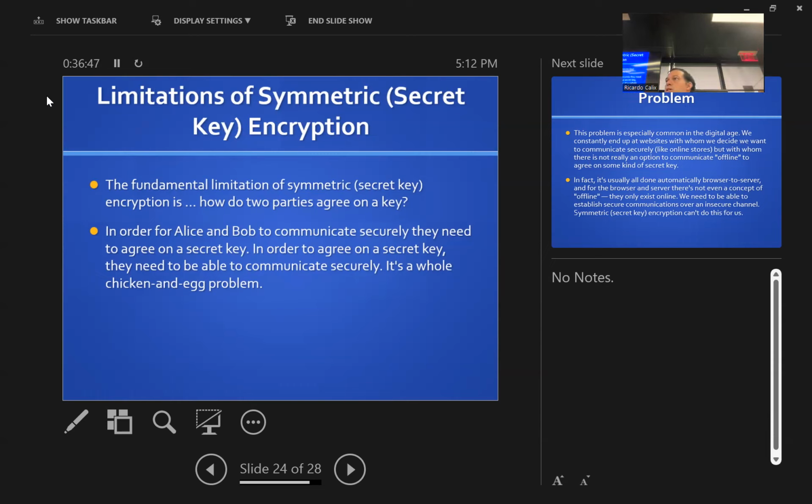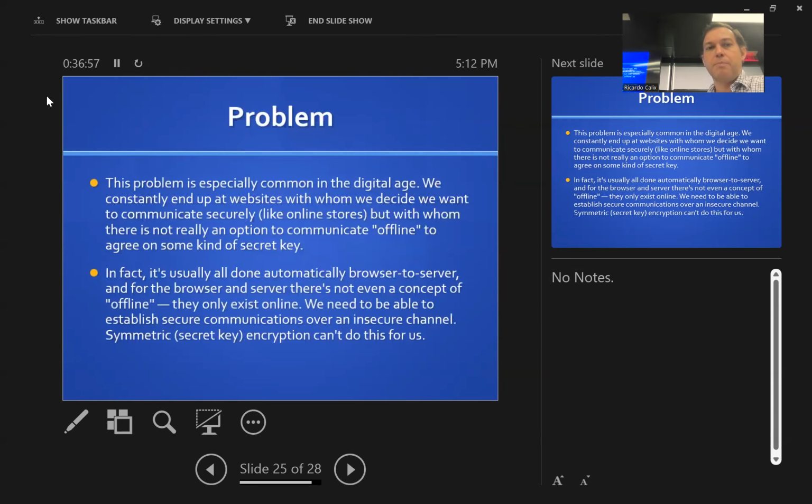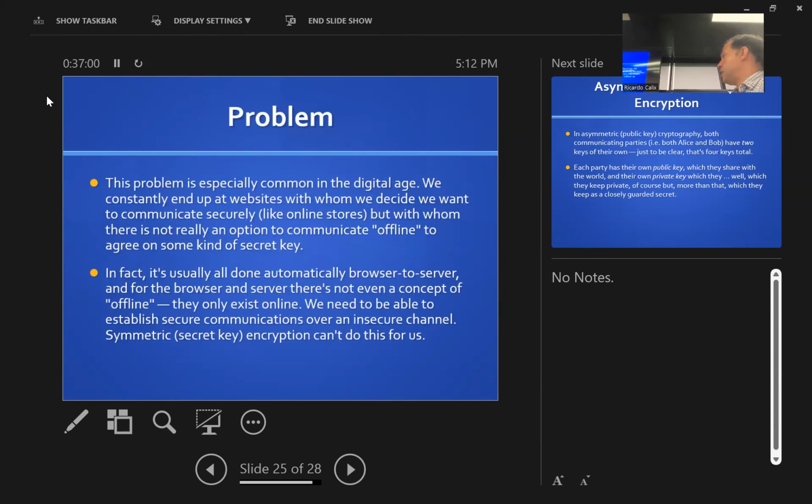What comes first? Agreeing on the secret or establishing the communication? We've got to figure out a better way of solving that problem. This problem is especially common in the digital age. We constantly end up at websites with whom we decide we want to communicate securely, like online stores, but with whom there is not really an option to communicate offline to agree on some kind of secret key.